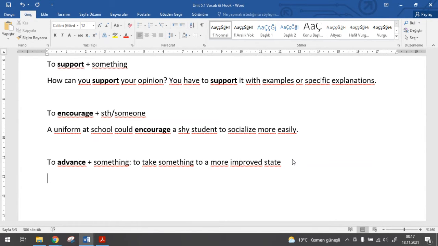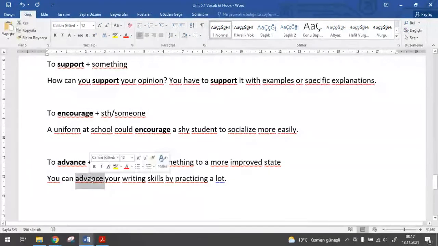It becomes more complicated. For example, you can advance your English, advance your writing skills. How? By practicing what? So advance is about a positive change.